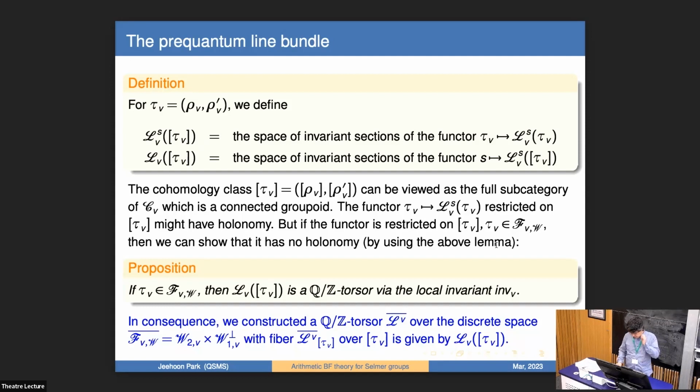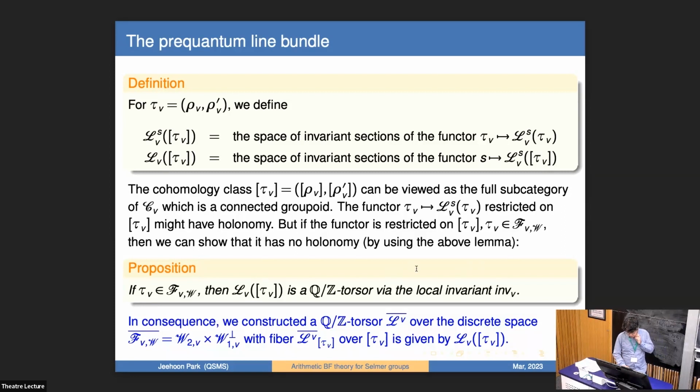Here's a little subtlety: if you use the full H2 H1 GV, you won't get a non-trivial Q mod Z torsor. But if you restrict to the Selmer local conditions, then I can show that it has no holonomy, and then it has the Q mod Z torsor.